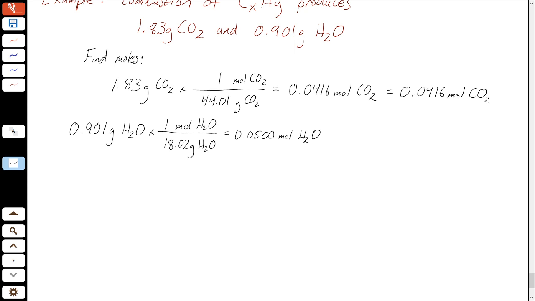Yeah, it's double, right? Because there's 2 moles of hydrogen per mole of water. So we've got one more term here, because there's 2 moles of H for every 1 mole of H2O. So our actual amount of, whoops, I just meant to put carbon there. Our actual amount of just hydrogen is 0.100.